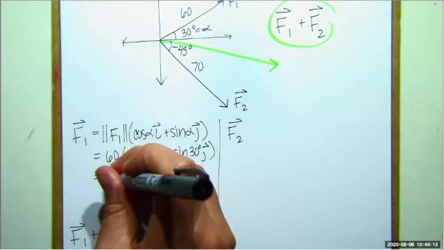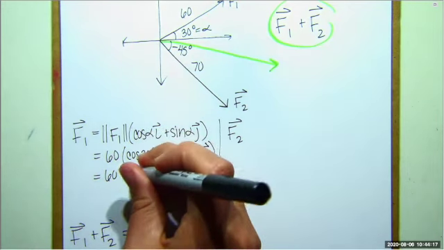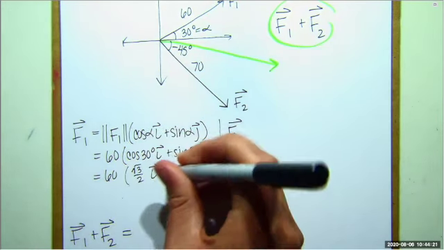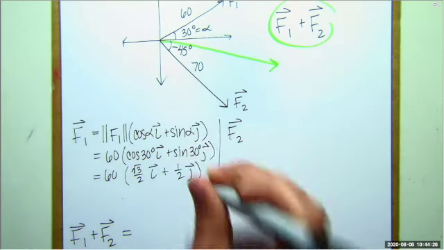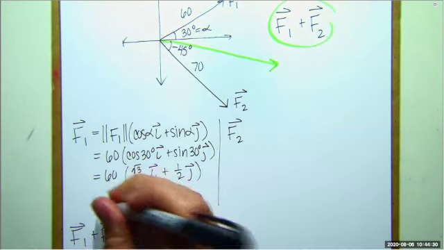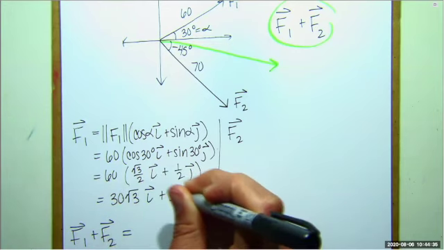Okay, so we know how to find cosine of 30 and sine of 30 really easily. We've been doing this all semester, so that's root 3 over 2. And sine of 30 is 1/2. Last step, multiply this out, and we will reduce as we go. So 60 over 2 is 30, so we get 30 root 3 i plus 30 j.